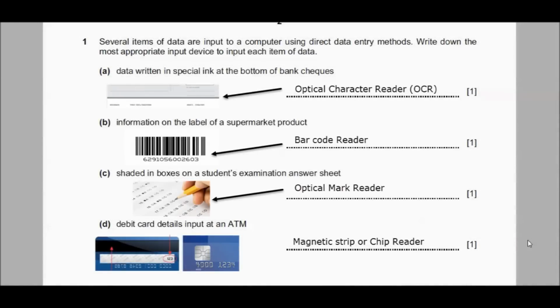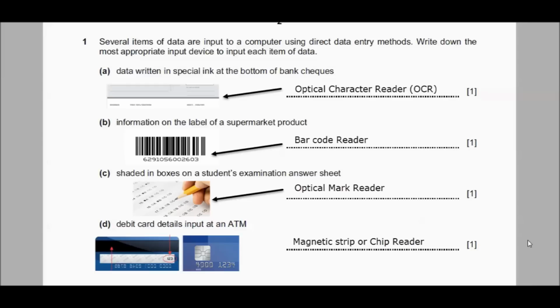Okay, so here are the answers. So for question 1A, I've put a picture of the bottom of a bank check, and you can see that there are some characters on the bottom, some numbers and letters. Maybe not so clear if you're not watching this video in HD.